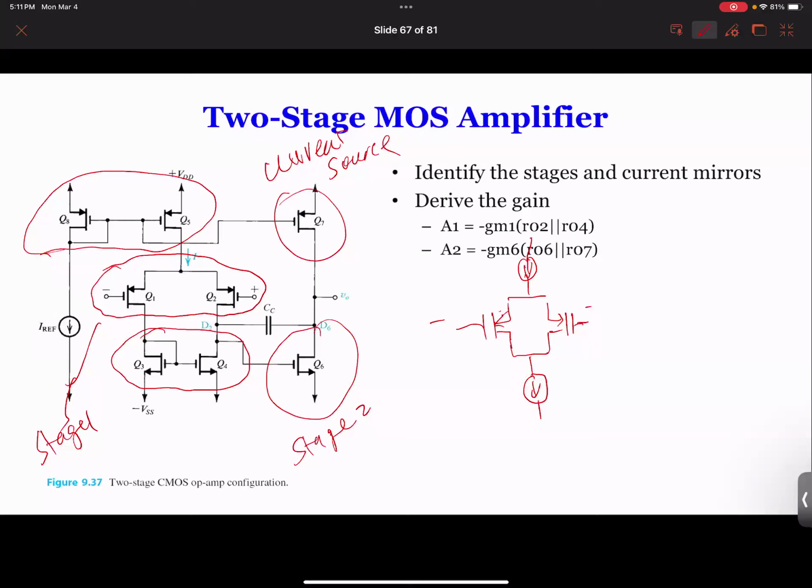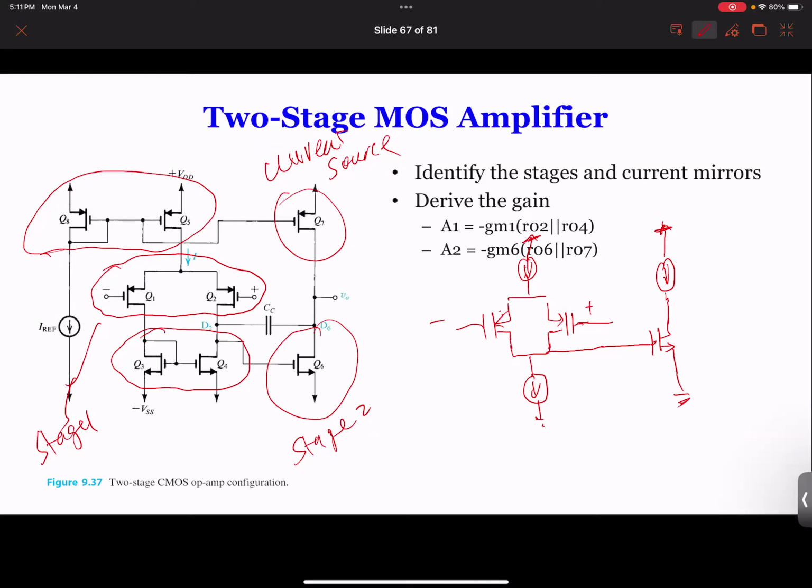Minus plus input, and then the output of this one here is your output. Output is connected to... okay. So for now we can use a ground to ground all these things.